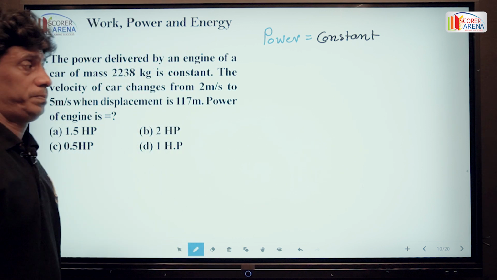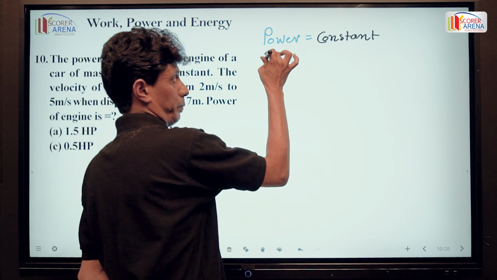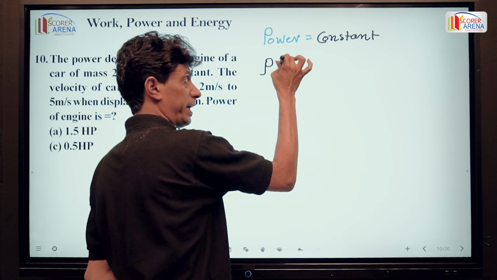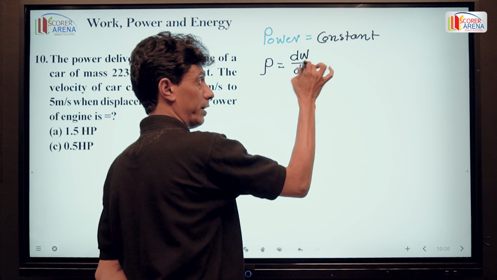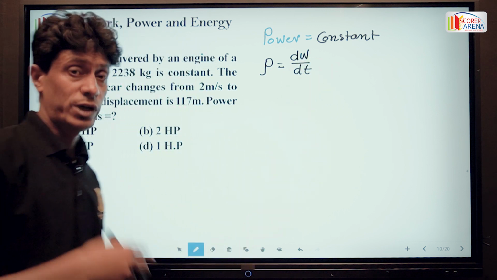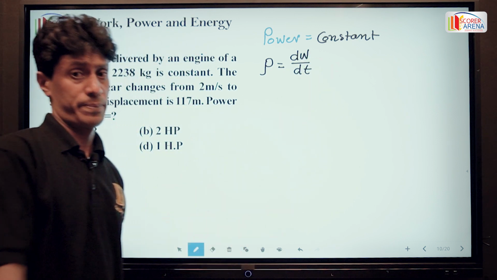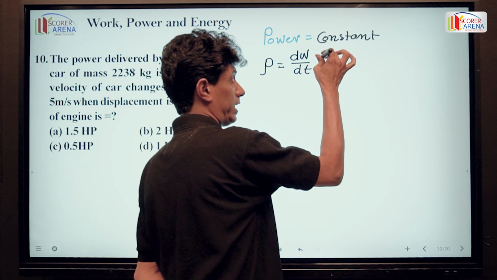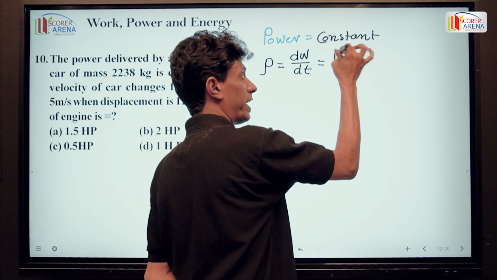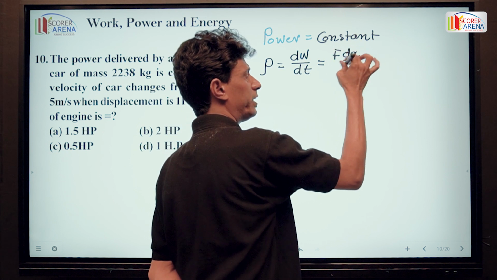You know, power means the rate of change of work done. So the amount of work done with respect to time, and you know, this is F dx by dt.